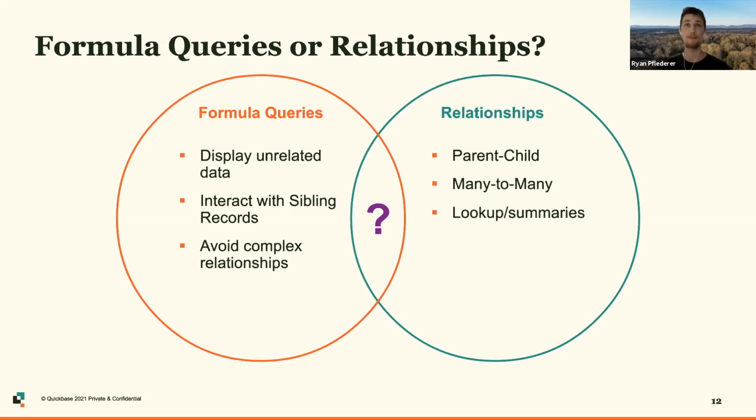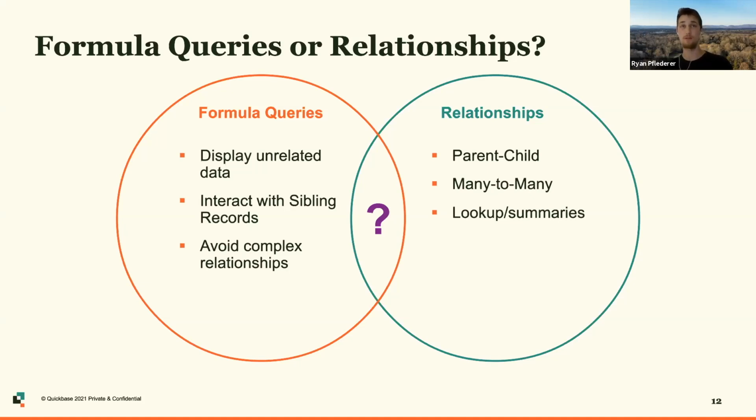But showing here some of the things that we have thought of so far is, well, is there an existing relationship? If there is, can you pull the data with a summary field or a lookup field? If so, great. Probably makes sense to just use that relationship that already exists. If a relationship doesn't exist and you're only looking to pull one piece of data, maybe you go for formula queries.